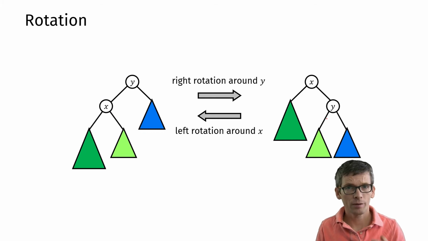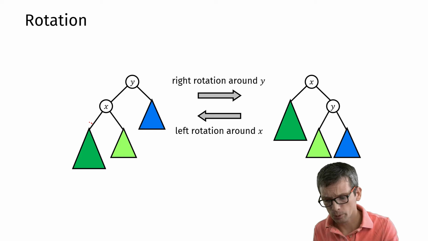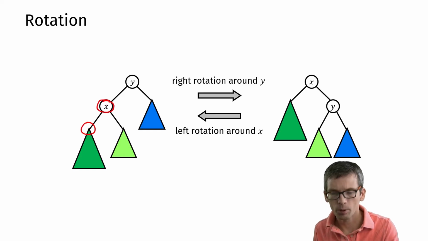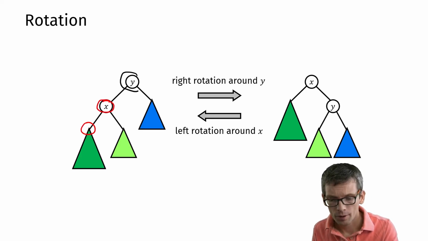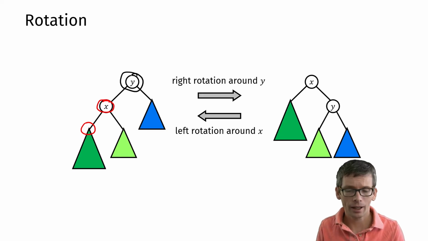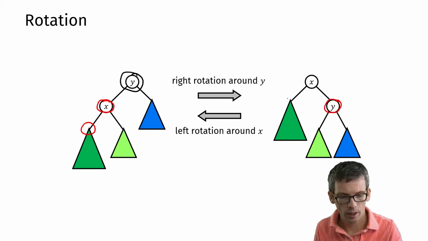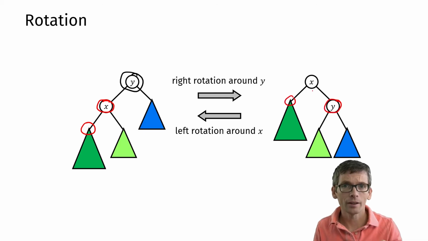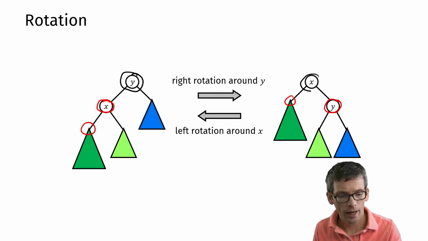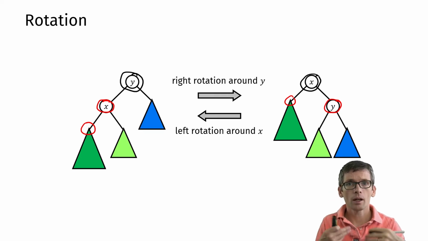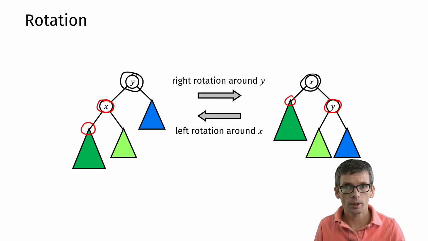Rotations will help us to fix a red-black property. So intuitively, and this is just one of the cases, let's assume both of these are the red ones. This one has to be then black. Then if we rotate, we can instead make Y red, keep this one as red, and this will allow us to make X black, and then this way we restore the red-black property.